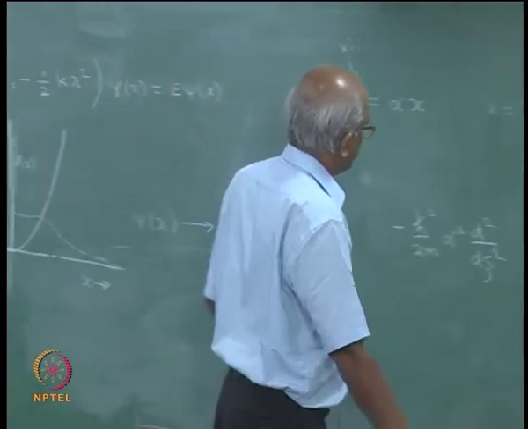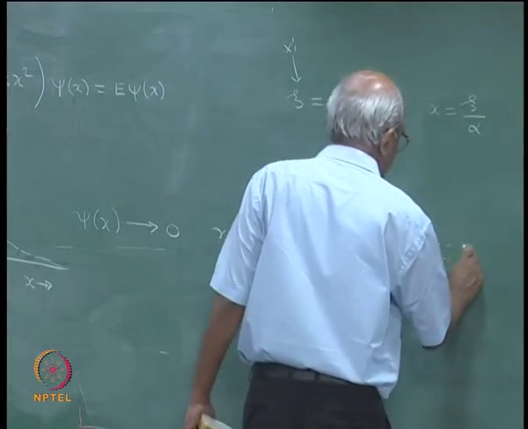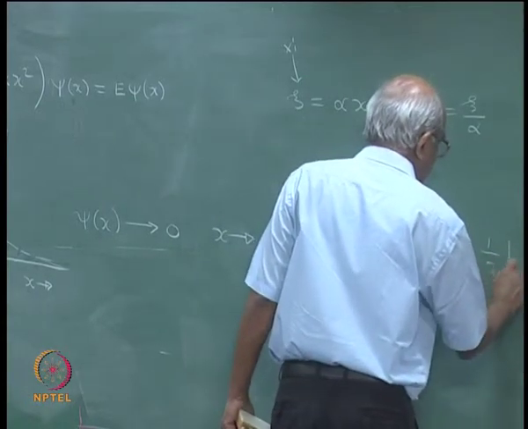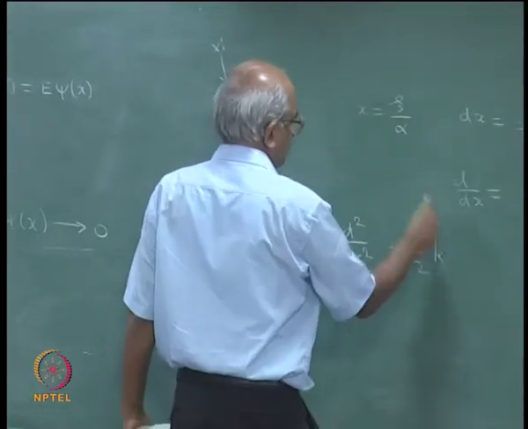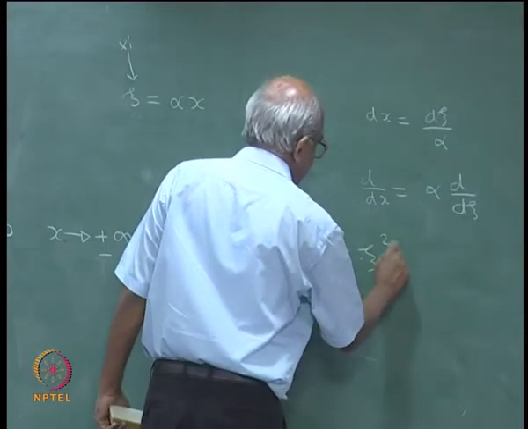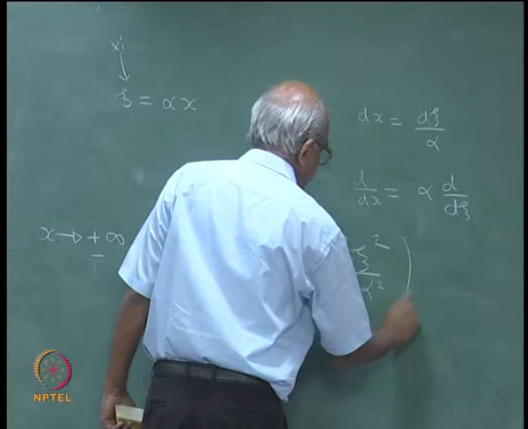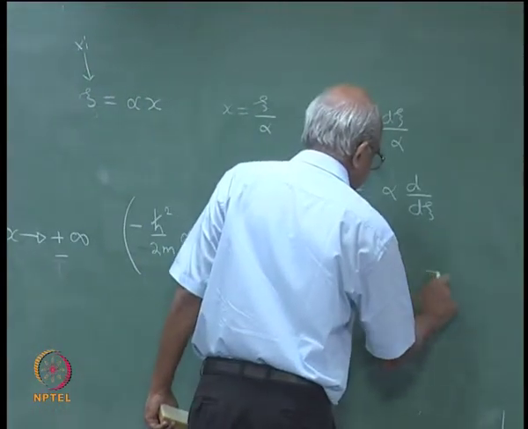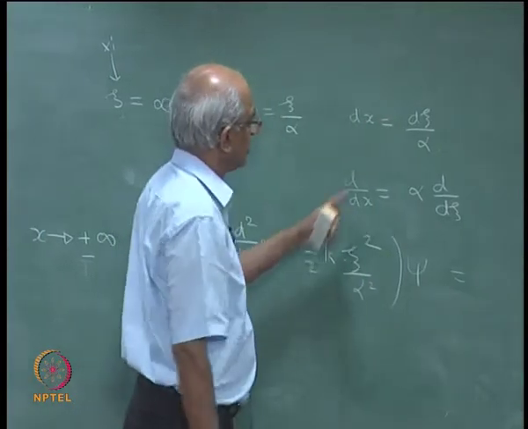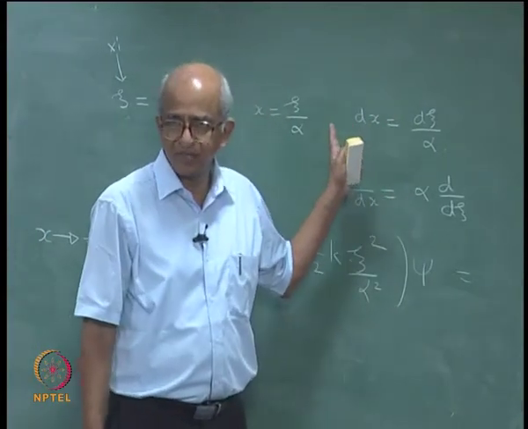So, this is that equation, and what will happen, I have plus 1 by 2 k. I decided that I do not want x, but I want c. So, therefore, that is going to be c square by alpha square, and the whole thing is going to operate upon psi. Psi will now be considered as a function of the new variable c.